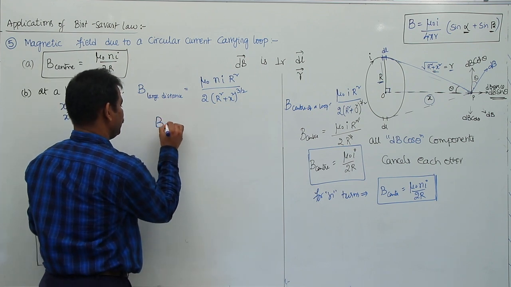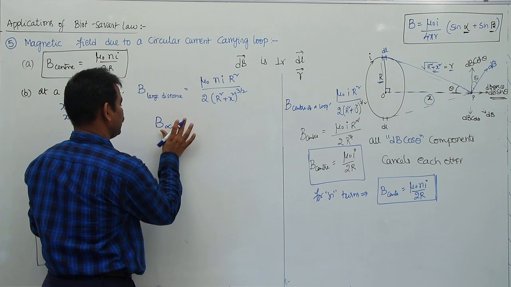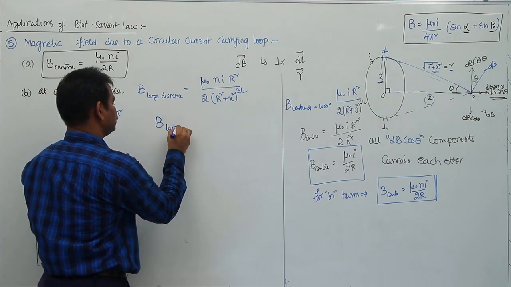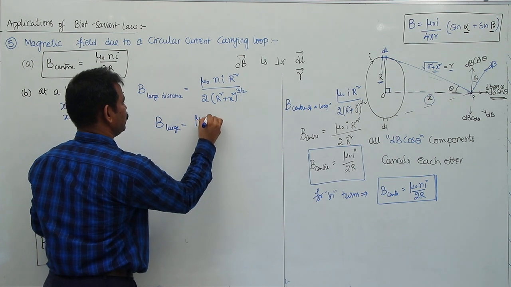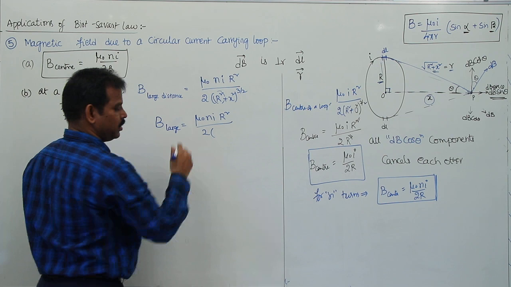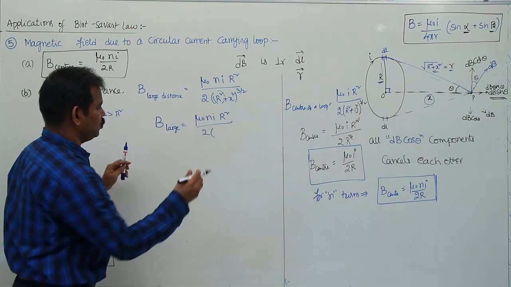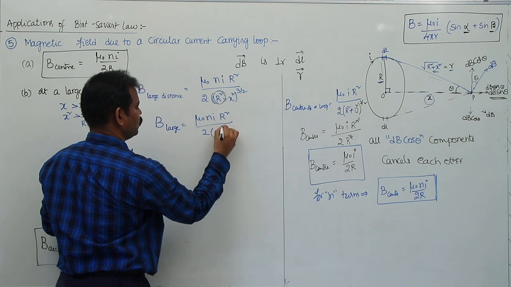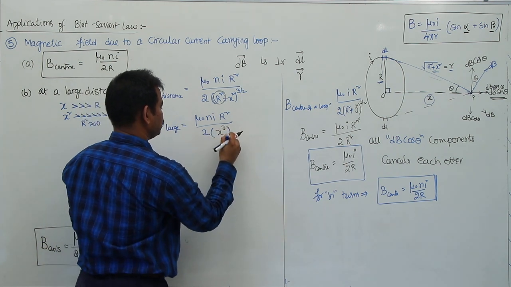So the magnetic field at a large distance is given by mu naught n I r square by 2 into, this you can neglect here, take it as 0. So this is x square whole power 3 by 2, which will become x cube.